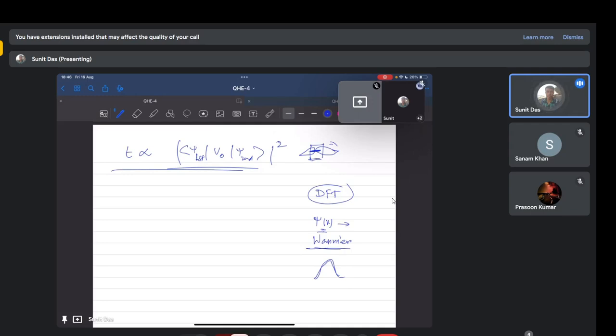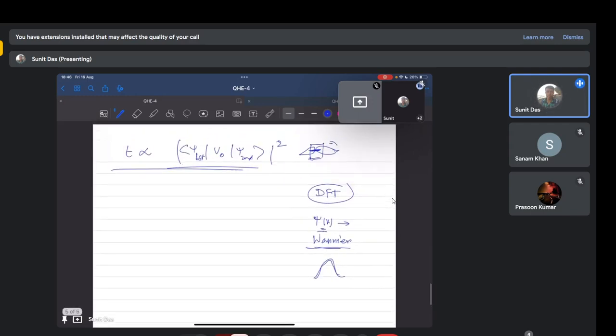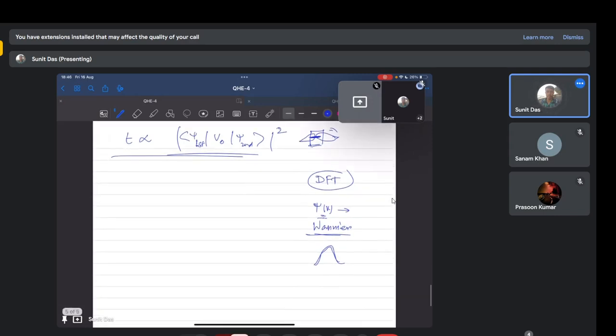In transport, we always talk about the low energy level. What we mean is that a system has some intrinsic Fermi energy. The simplest way to think about it is that the Fermi energy EF is proportional to n to the power 1/3, for a 3D free electron gas.